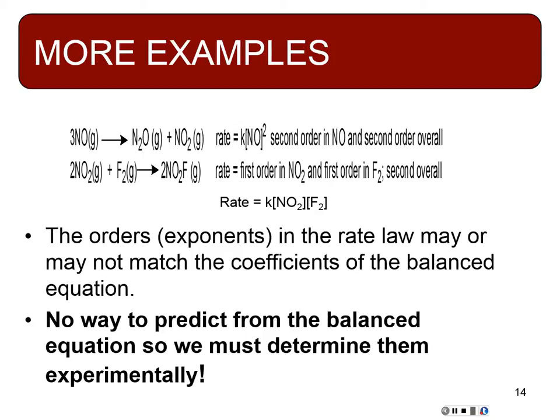And then it says it's first order in fluorine. So if you had to transpose that yourself, that's what you would write. So it's second order overall, 1 plus 1 is 2. The orders are the exponents. And once again, for like the fifth time, there's no way for us to predict these rate laws based on the equation, so we have to find them experimentally.